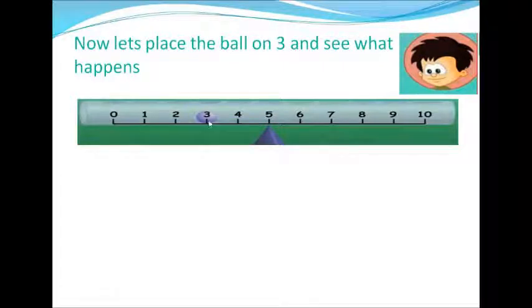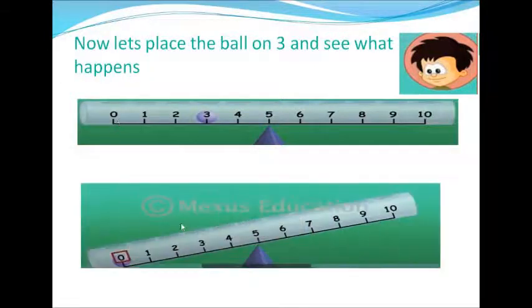So, 3 will definitely roll down to 0. Over here, you can see the ball which we have placed on 3 has rolled down to 0. Okay, so here 3 is rounded to the nearest tens place as 0.